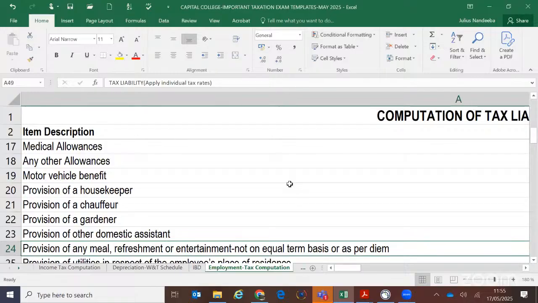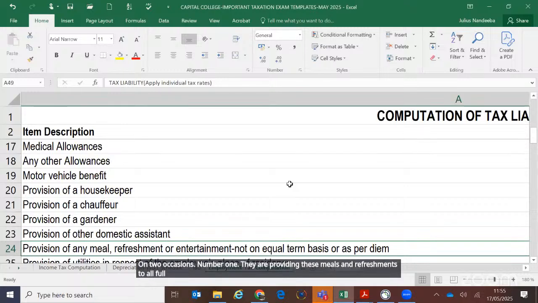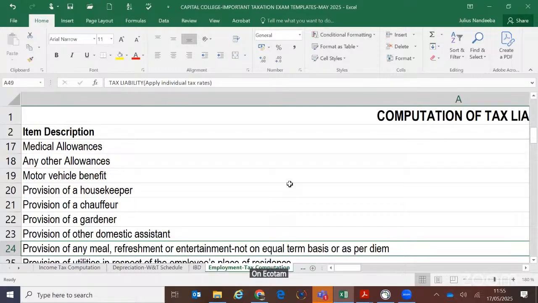Now, the only time it does not get taxed, when they give you meals or refreshments, is on 2 occasions. Number 1, they are providing these meals and refreshments to all full-time employees on equal term basis. And we're not talking about them giving you cash. The moment they give you cash, it becomes taxable.